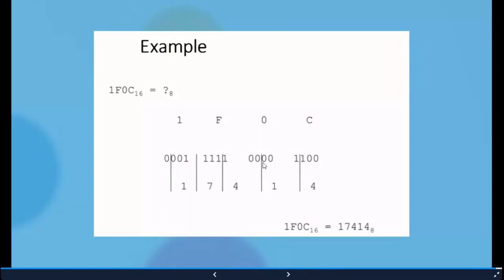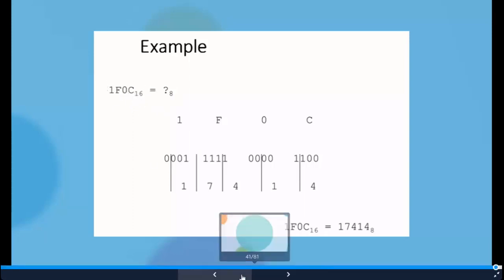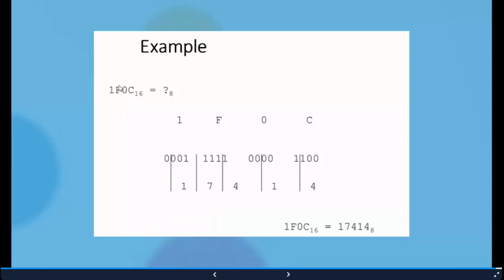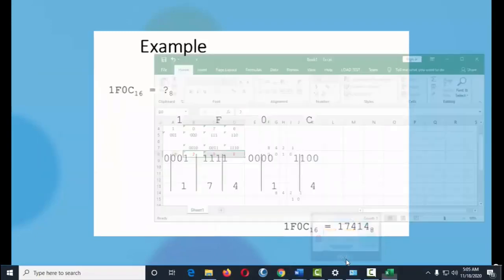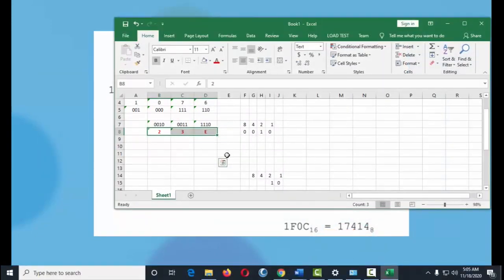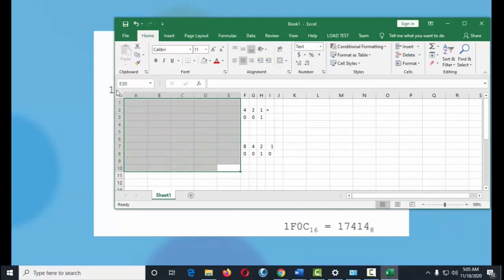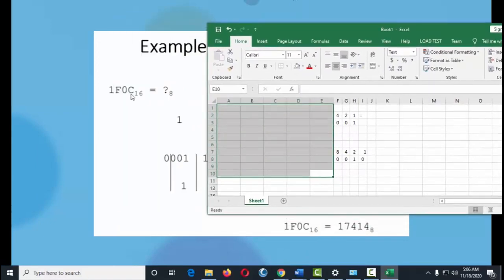So, 1F0C16 to 8, you convert this to binary. Again, how do you convert it to binary? Let's go back to our, now it's hexadecimal. So it's a group of 4. So C is a group of 4, 0 is a group of 4, F is a group of 4.